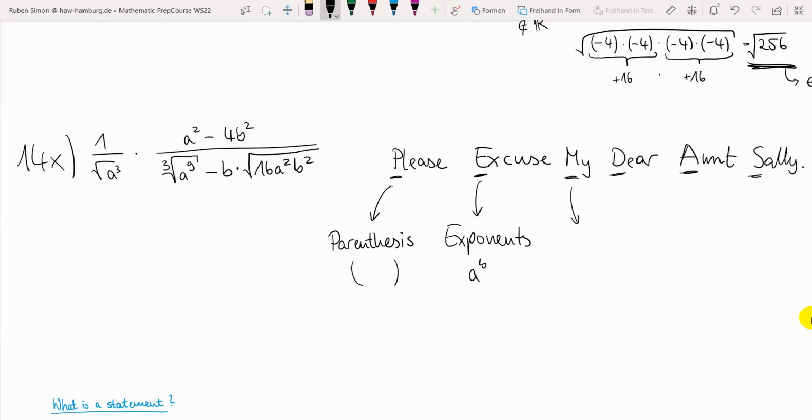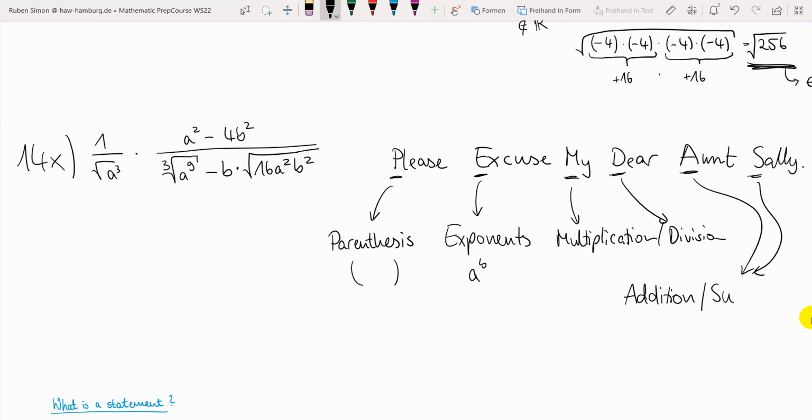Afterwards, it's multiplication and division, which is the D. And then as the last, there is addition and subtraction. Of course, together with exponents, there are also roots at this position.